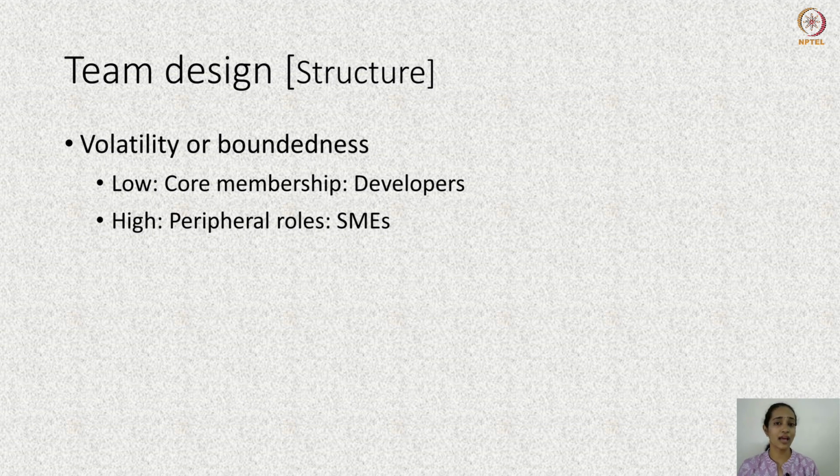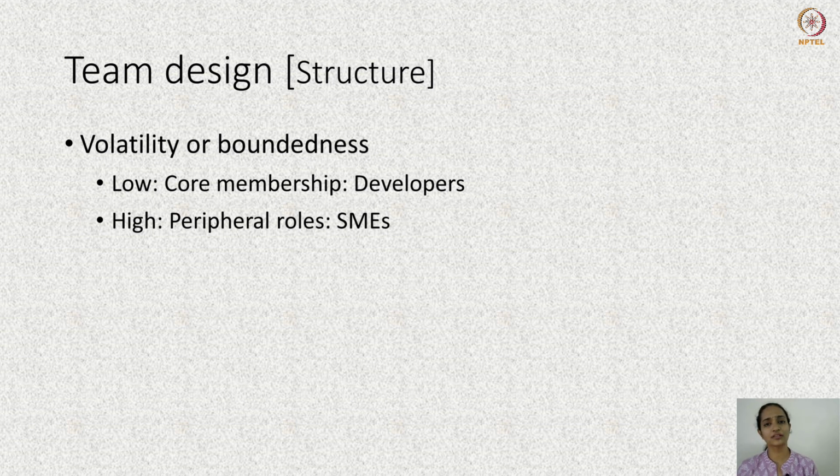There are three aspects to boundedness. The first one is whether members in the team have membership in multiple teams, whether they join the team and stay with the team throughout the duration of the team's life cycle, and the last one is whether they are working on a core area or a peripheral area.